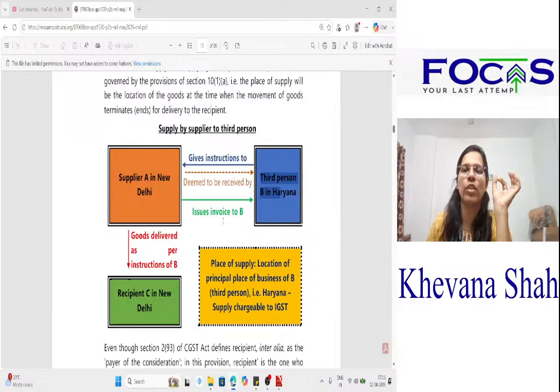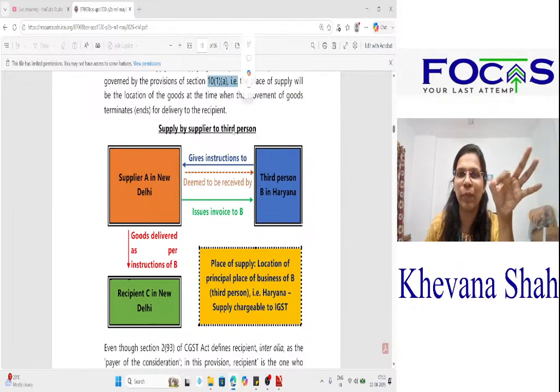Okay, so see, for this case, from third person to recipient C, the provision of section 10(1)(a) will be applicable and you will consider the place where the goods are ending. So for the second supply, the place of supply will be the location where this third person C is receiving the goods.